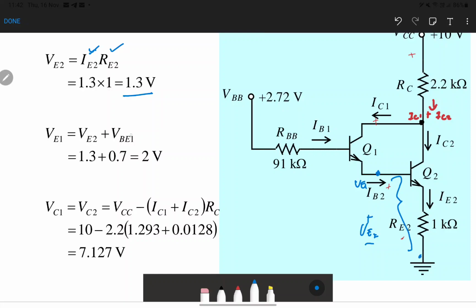So it equals IE2 plus we have VBE here. So IE2 plus VBE, so we got value VE1 equal to 2. Alright.